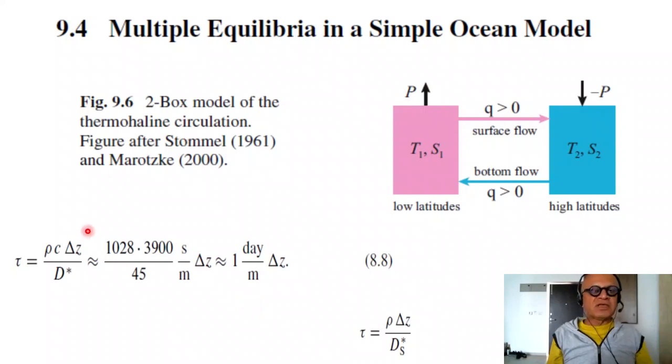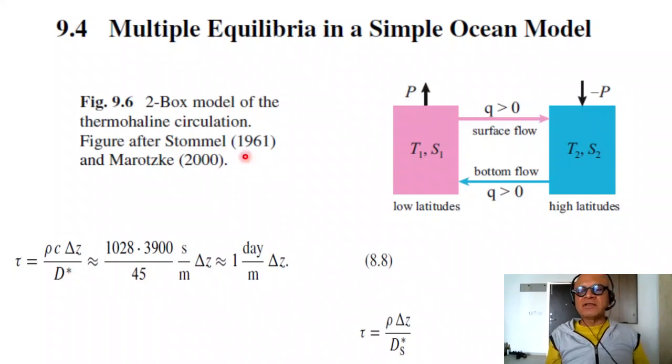So depending on the depth of the column of water you are looking at in a box, you can formulate a problem where you can look at the relaxation time of salinity and temperature perturbations. So a two-box model of the thermohaline circulation can allow us to do that.